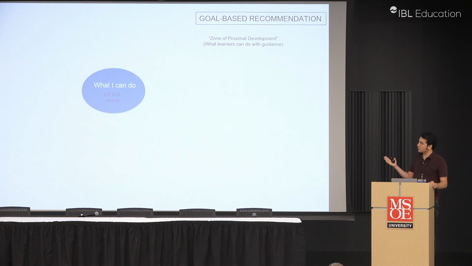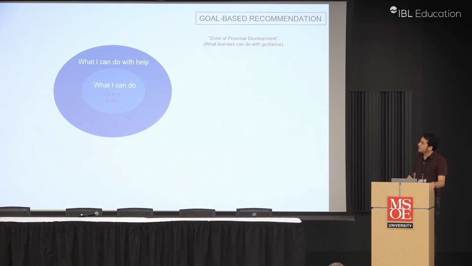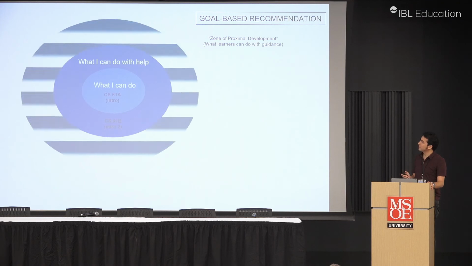So for example, in the course space, it would be courses that you could take the final right now and pass. Then there's the things that you can do with help, for example, an instructor and teaching assistants and so forth. So these are the courses you could take and then through learning during the semester pass the final.